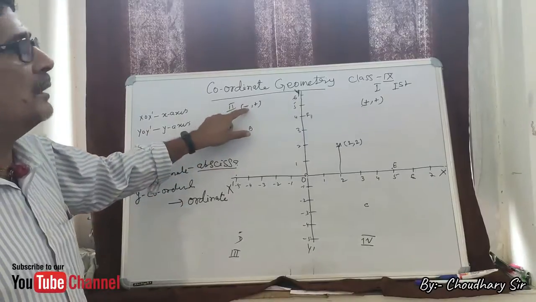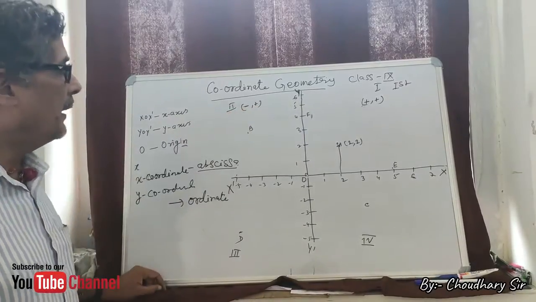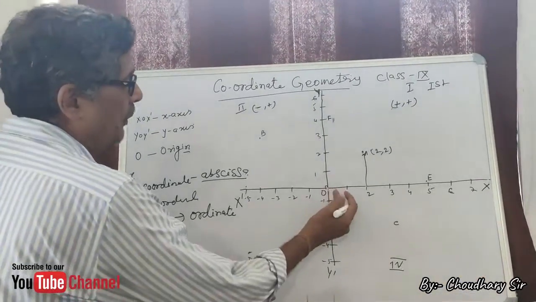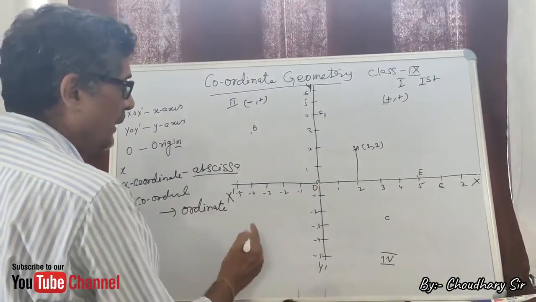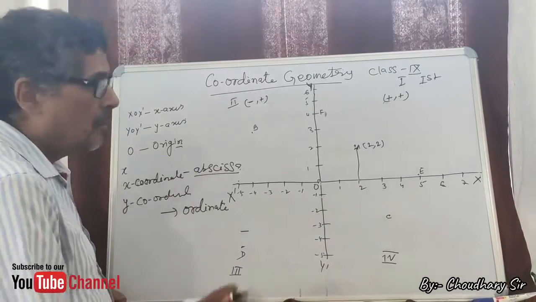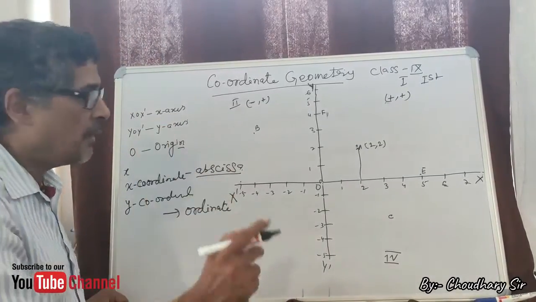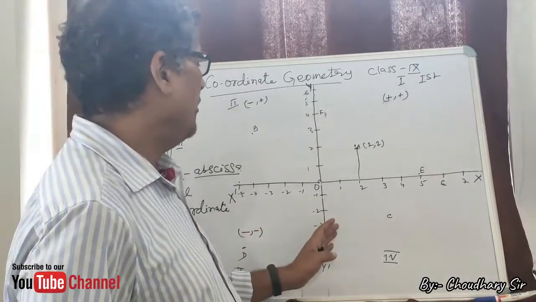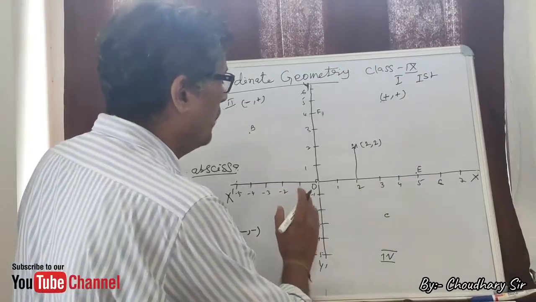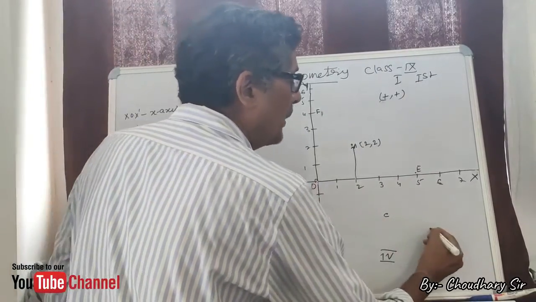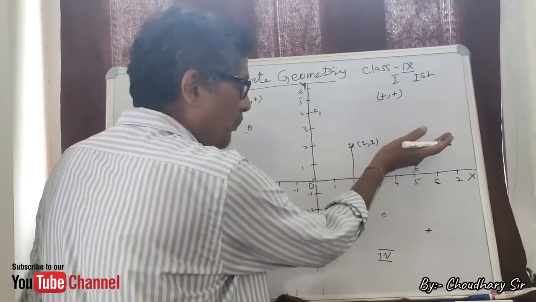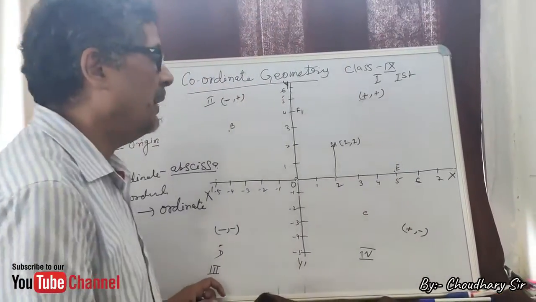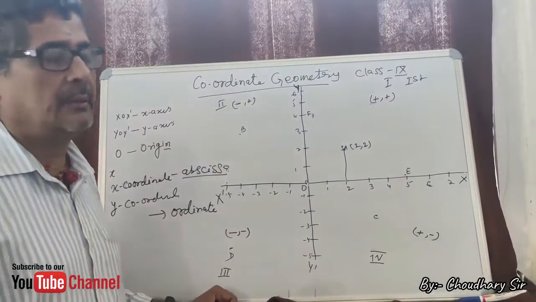In the third quadrant, we move left of the origin, so the x-coordinate is minus, and below the origin the y-coordinate is minus. So both signs will be minus. Similarly, in the fourth quadrant, we move right of the origin, so the x-coordinate is plus, and below the origin the y-coordinate is minus. The sign of the fourth quadrant is plus and minus.